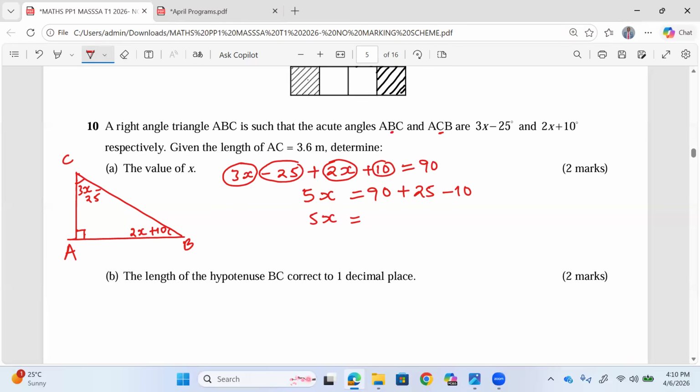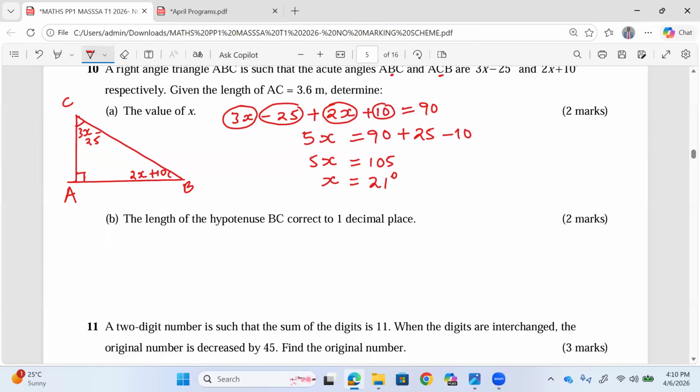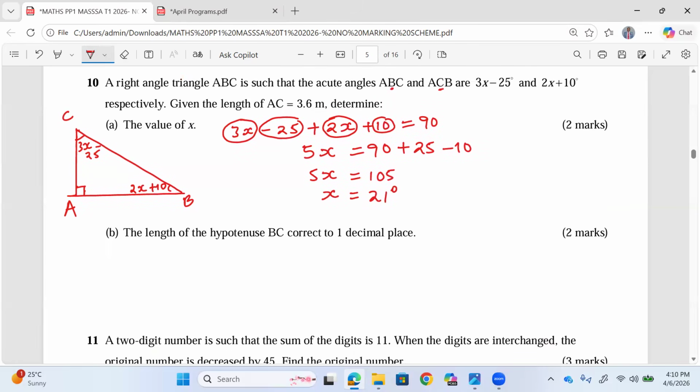This is exactly 105. So the value of x now shall be, we divide through by 5, and this gives us 21 degrees, like that. 21 degrees. Then in part B, what have we been told?